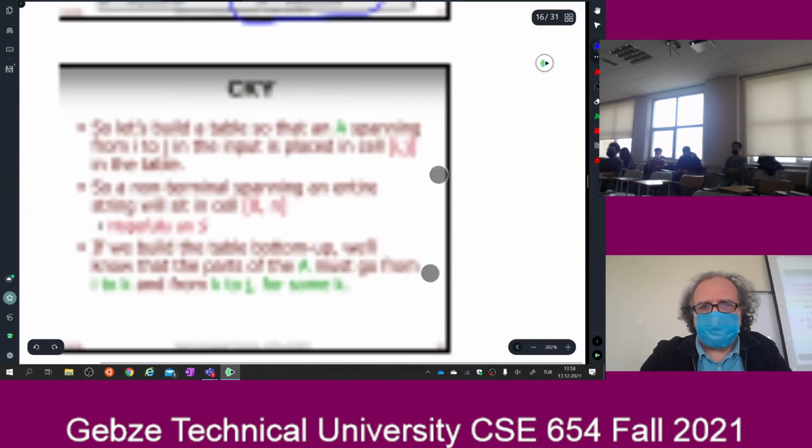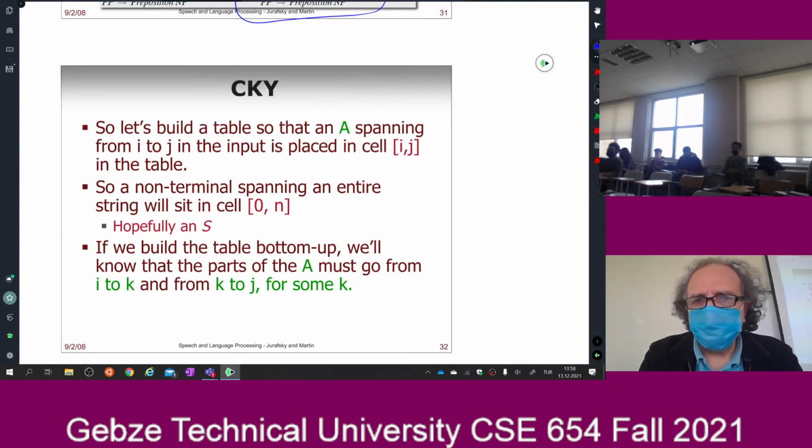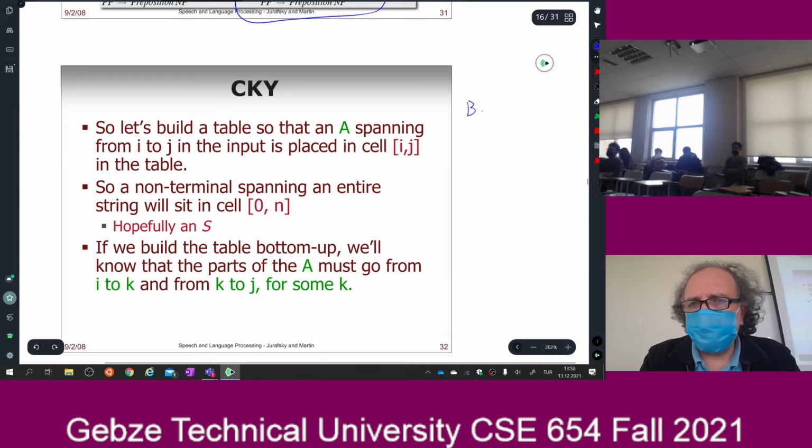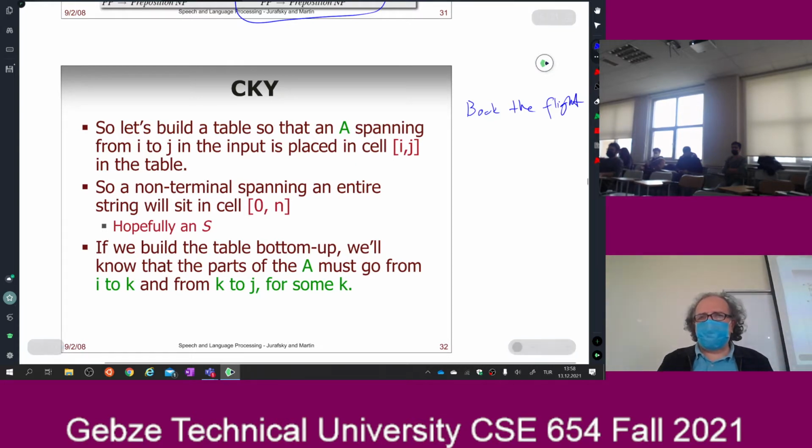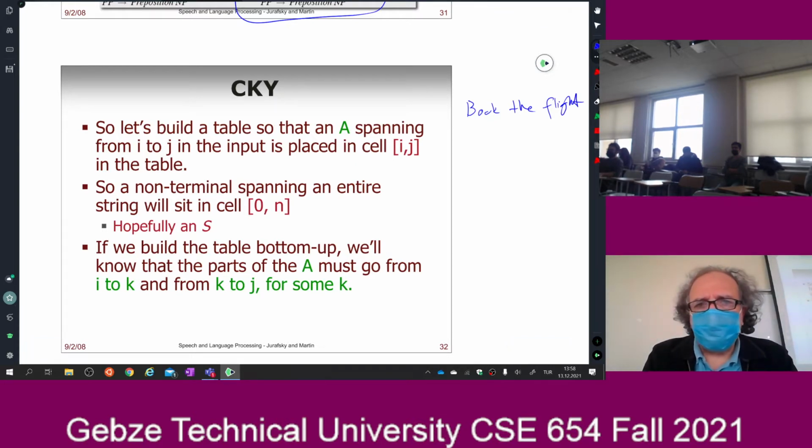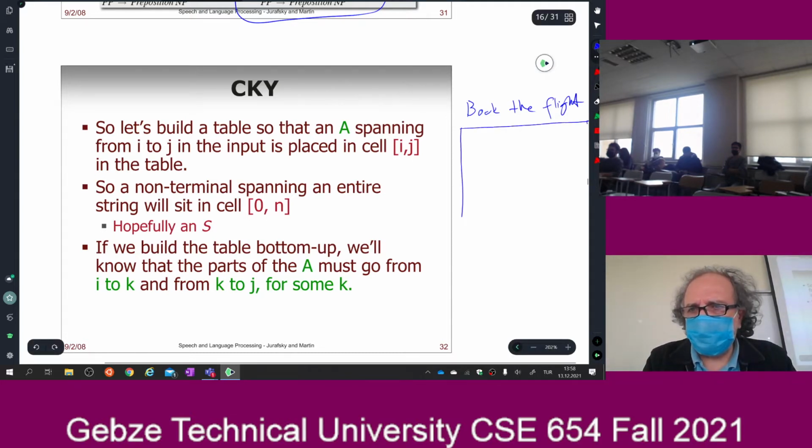Okay, so maybe let's do it already. So what did we say? Let's do this. My sentence is "book the flight." If I'm going to do that, this is my table.